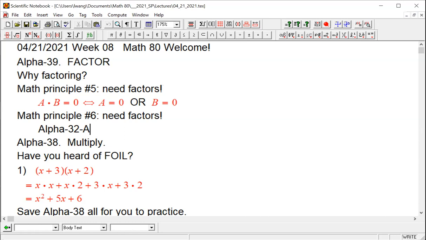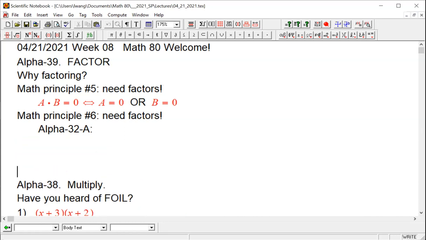Alpha 32a, right? Those are products, those are quotients, and they're all in the form of what? All those if statements, right? If you look at those if statements, of course, one of the methods we use is the sign method, right?